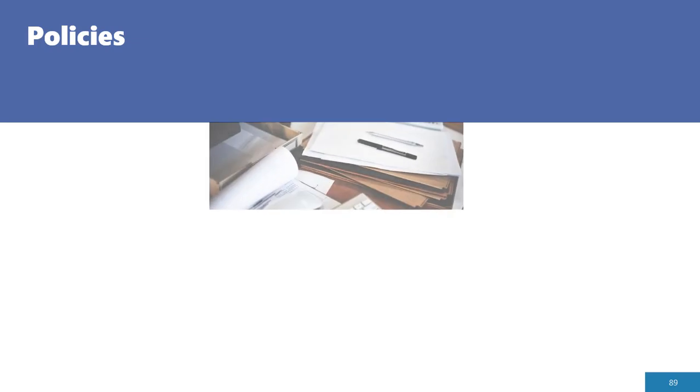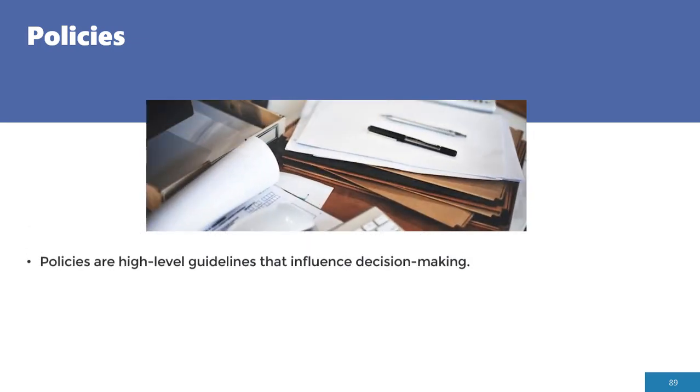policies. These are another factor when we talk about organizational process assets. Policies are high-level guidelines that influence decision making. So as a project manager, you do not take decisions arbitrarily, all right? You have to follow the policies of the organization when you are making your decisions.